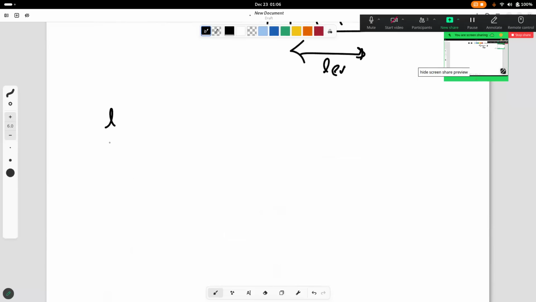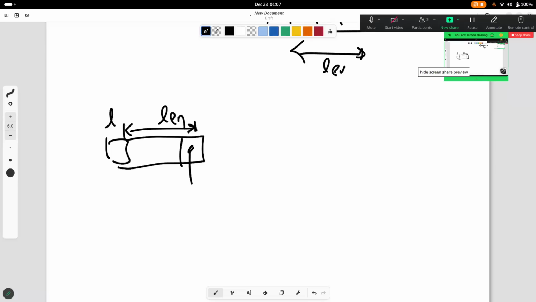Well, you are over here at L. You are getting up to this length. Your snake has this length. Let's just say that I'm counting the length without the head. So the R, the point where the snake will end, is actually equal to L plus length.